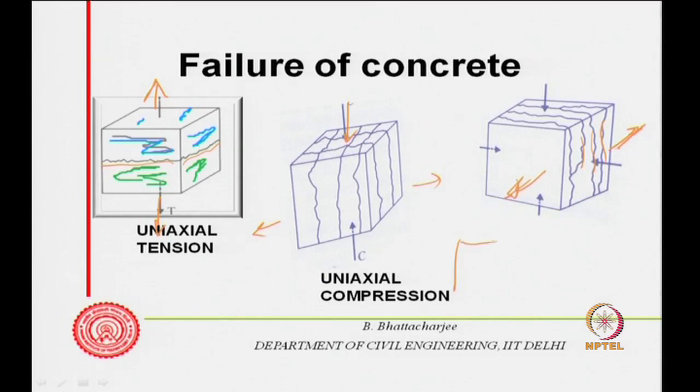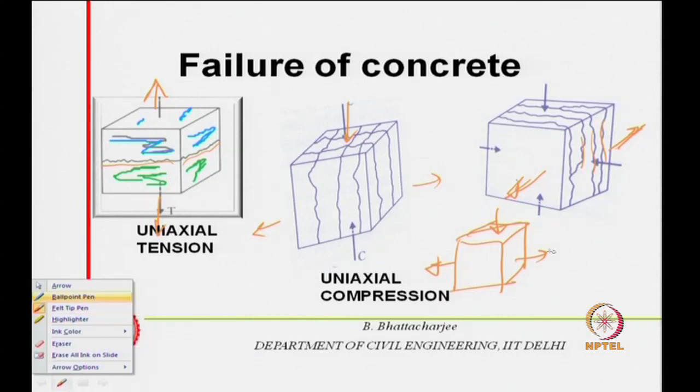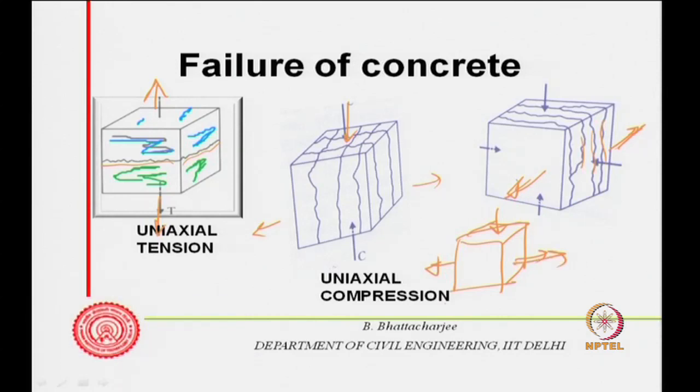In case of cubes, whenever you apply load, the material has a tendency to move along this direction because of Poisson's effect. If it is biaxial, applying load like this will make it move further. So, in the biaxial case, you can see the cracks are vertical, which means the material is trying to go away along this direction. So, tension acts along this direction and cracks come because of tension.